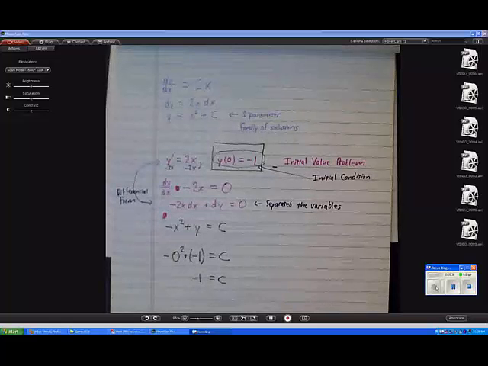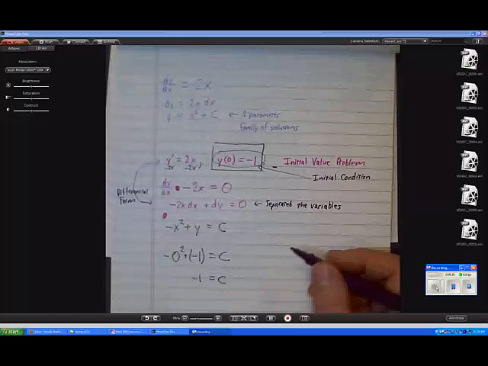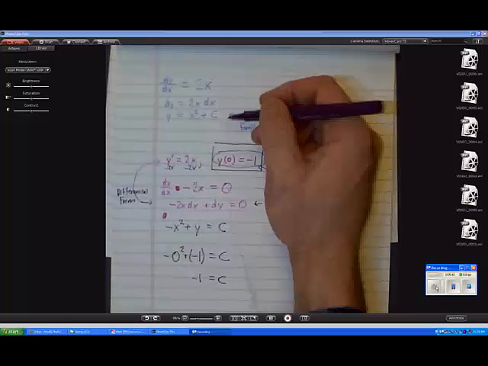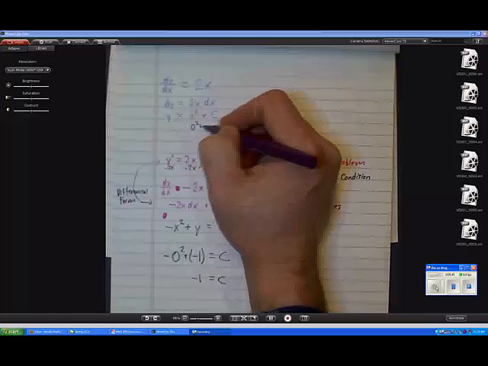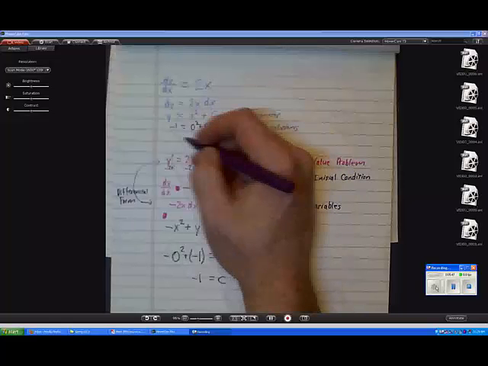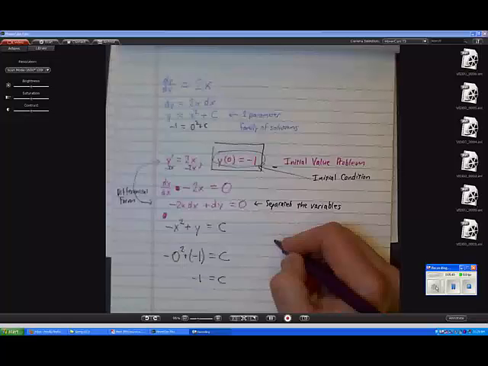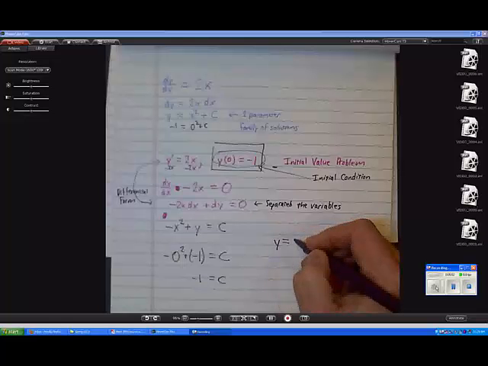The particular solution I want would be, and maybe I should have done it up here, maybe it's a little easier, if you put a 0 in for x, c is negative 1. And so the particular solution I want is y equals, what? x squared minus 1.